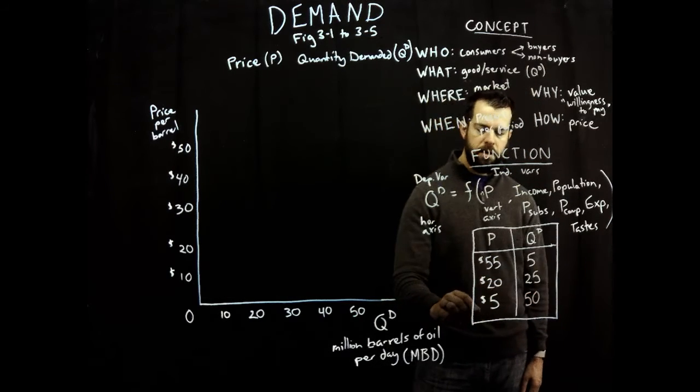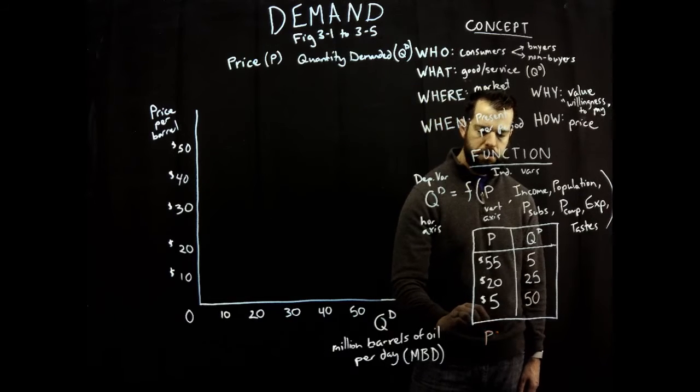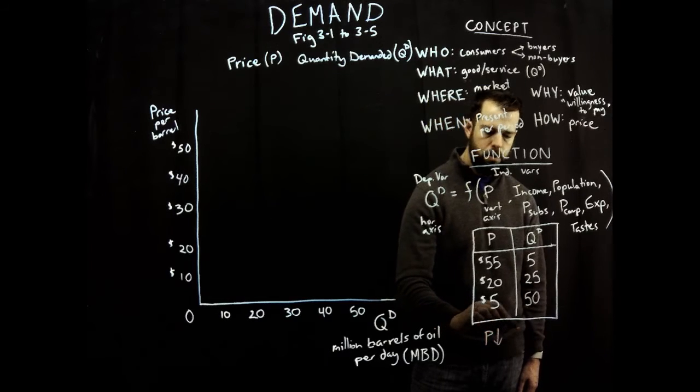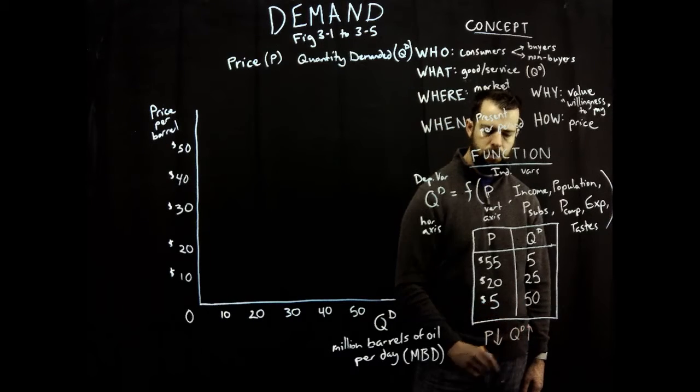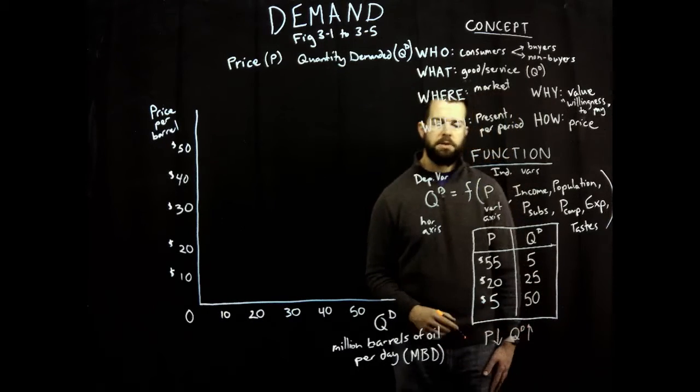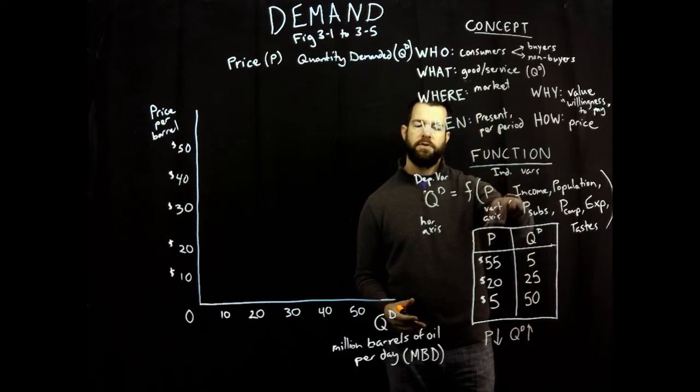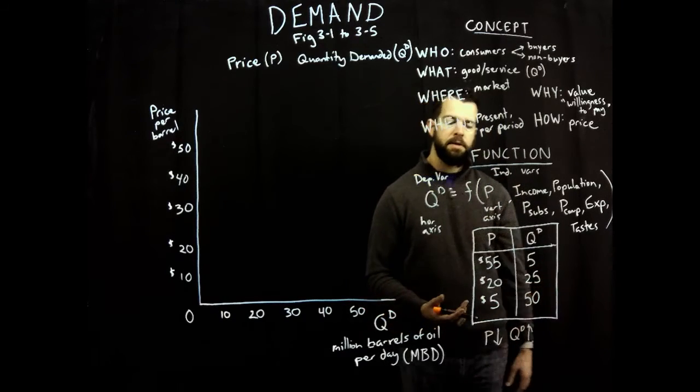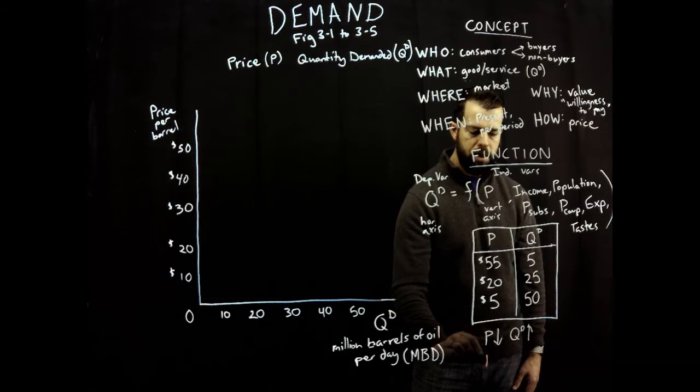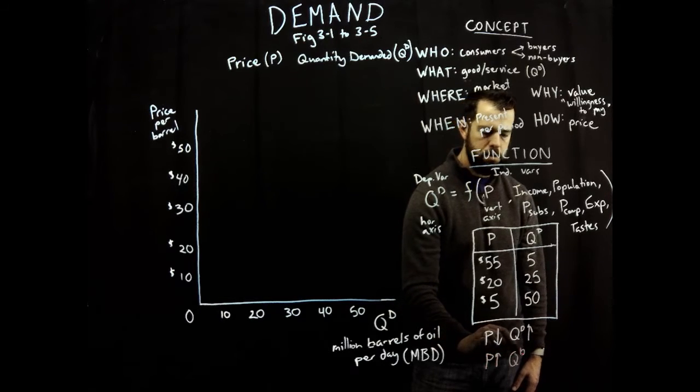And you'll see here that as the price goes down, the quantity demanded goes up. Okay, but we could just as easily have drawn the low prices first and had the prices rise, and we would see there that when the price is rising, the quantity demanded is falling.